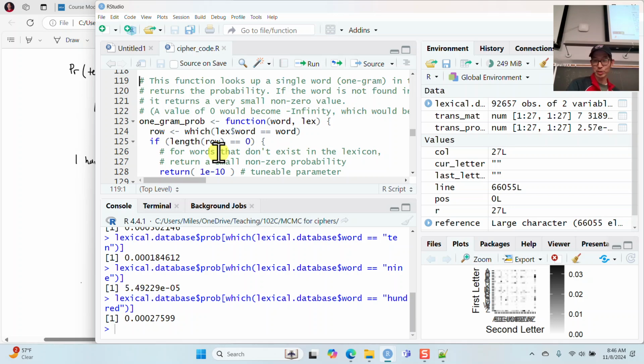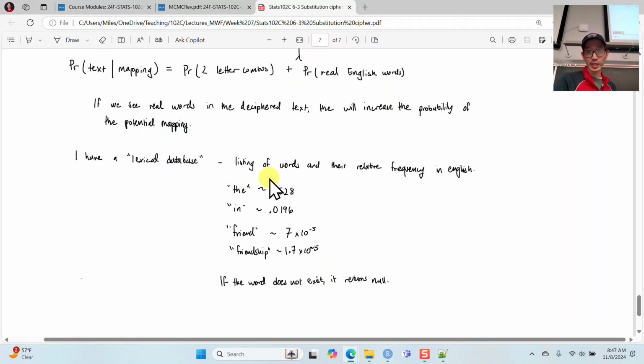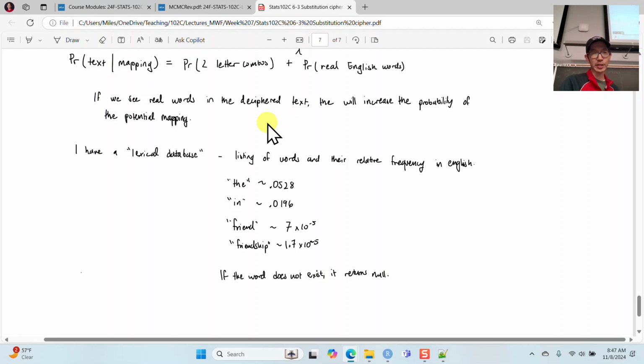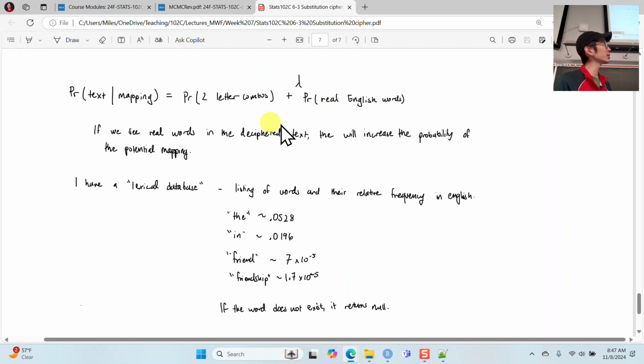Then we will go through and evaluate our text, and if we encounter real words, we'll factor that in. The total probability is a little hard, right? Probabilities are generally products of things, so we have to mix some of these things together. We're going to have a scaling factor lambda, which allows us to control these slightly competing priorities.